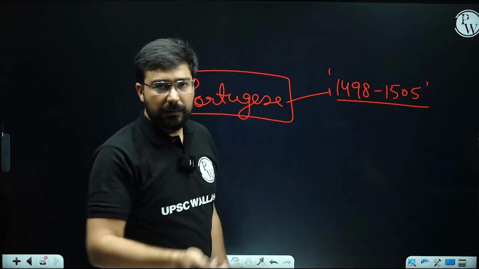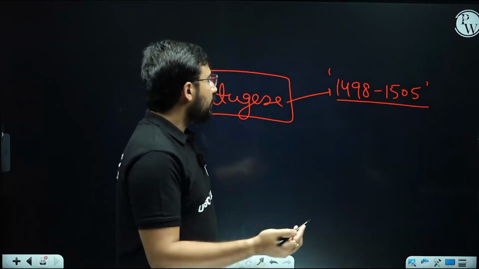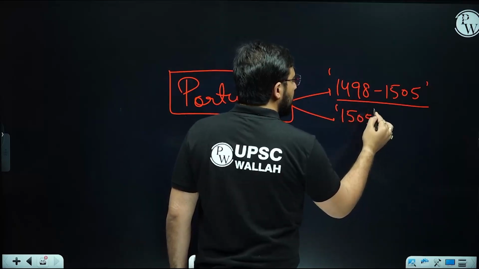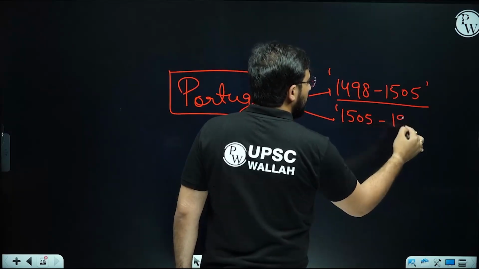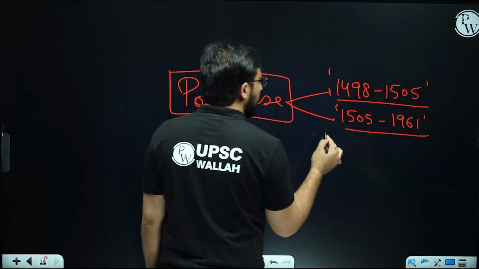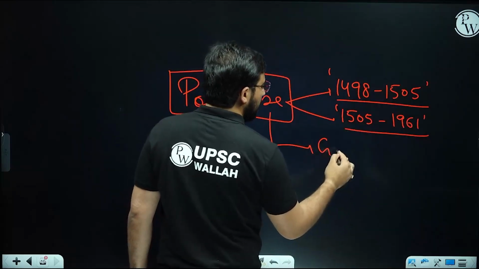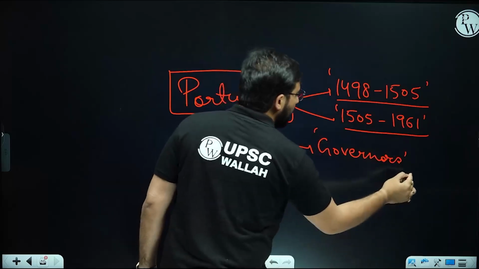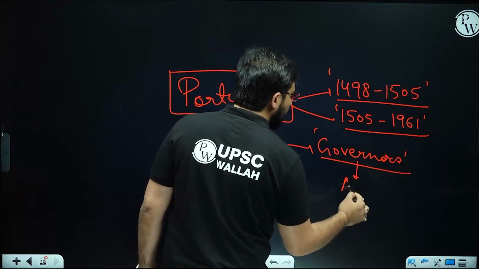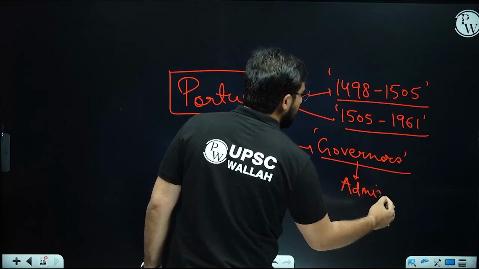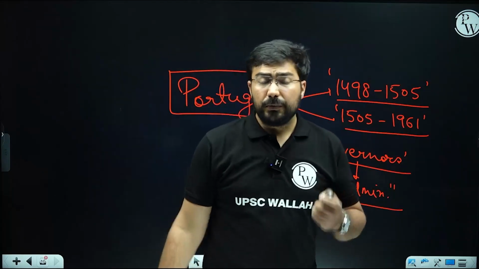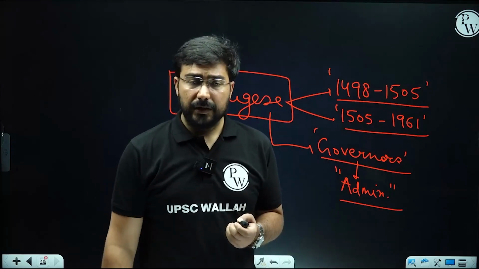Many travelers came, like Vasco da Gama. Then Pedro also came. But starting from 1505, they started appointing their governors so that they could have more influence and a better administration. They could institutionalize the process, because if it is dependent only on one person, it's not going to be systematic in nature.